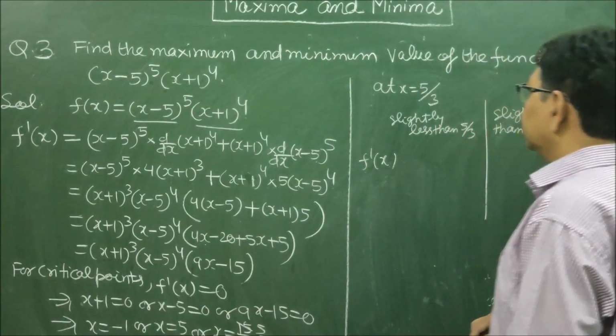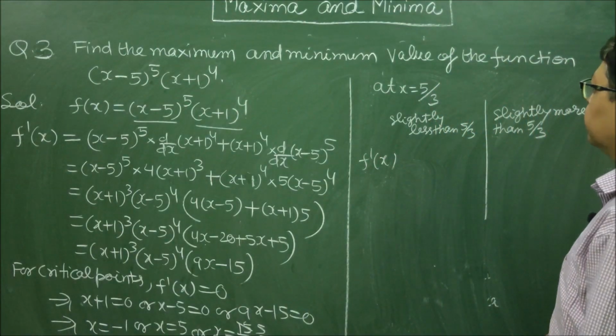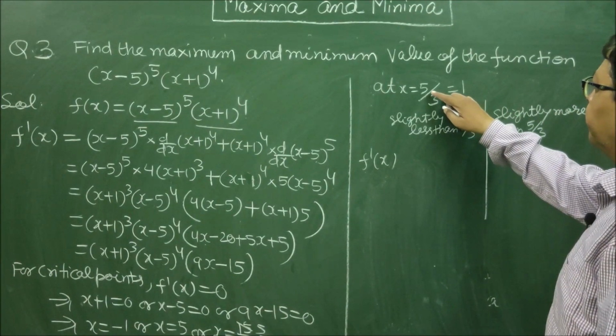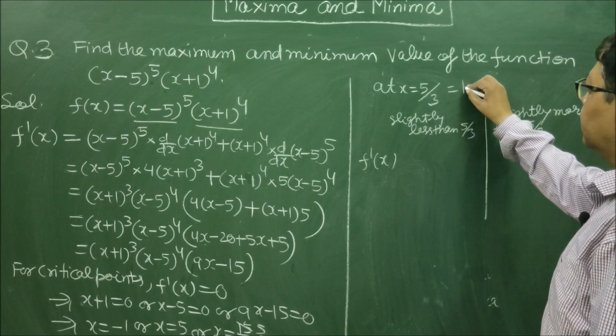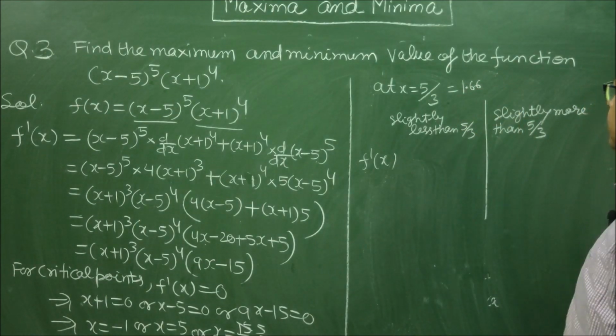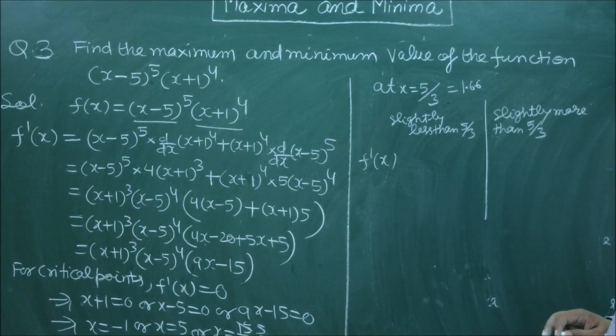So 5 upon 3 is approximately 1.67. Now let us take a value slightly less than that, so 1.5.